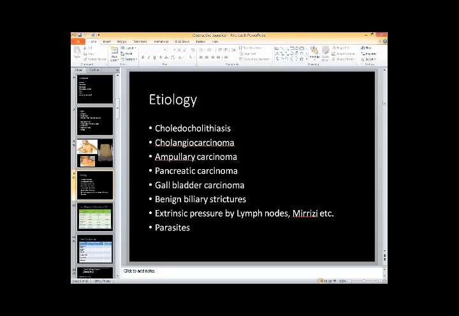And also there can be benign biliary strictures. This is a sequela of some iatrogenic injury to the bile duct, like doing an ERCP. You are doing an ERCP and you cause some injury to the common bile duct, and that injury later on leads to inflammation, chronic inflammation and stricture formation, leading to biliary stricture.